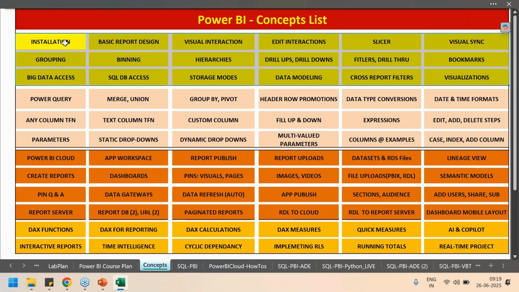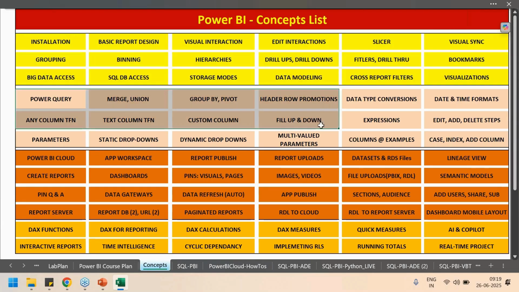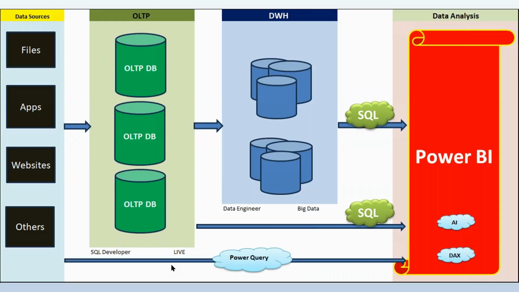After we do the first module, these items, then second module, Power Query. In Power Query, it's all about ETL, remember. Power Query is all about ETL, extract, transform, load. But what we're extracting, here it is. To read data from non-database sources like website, apps, files, etc. We'll take those Power Query concepts.